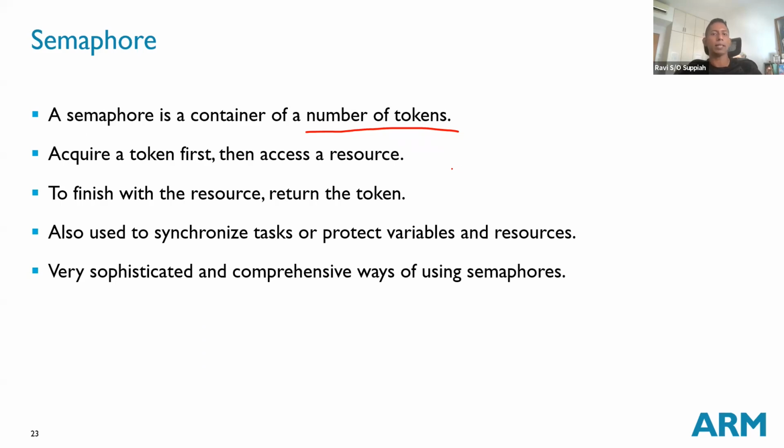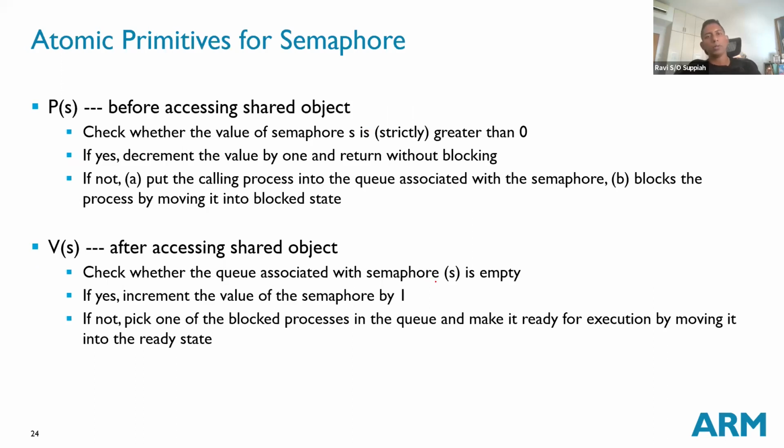Whereas in the semaphore context, you can have a few resources that could be shared among different tasks at the same time. And then I use semaphore as a mechanism to allocate or deallocate these resources. So before you access the shared object, you need to take the semaphore.